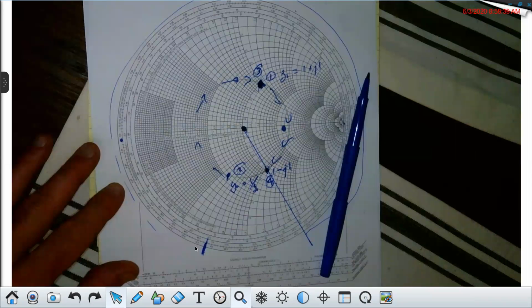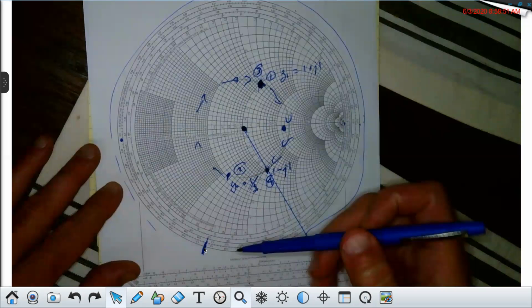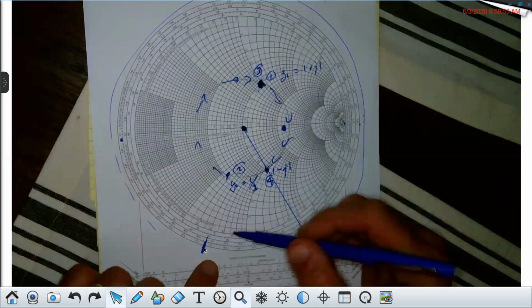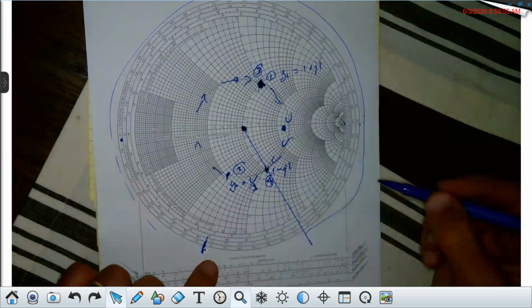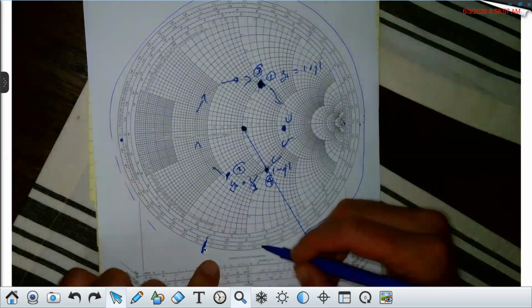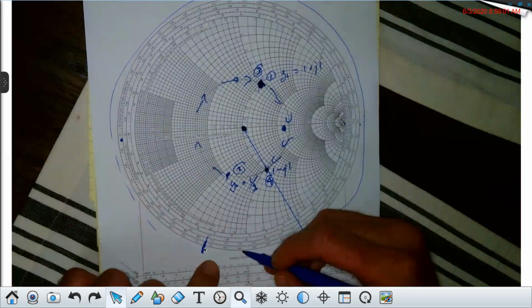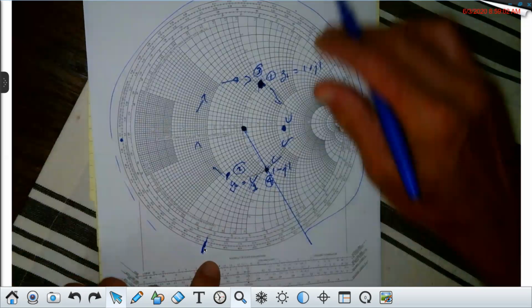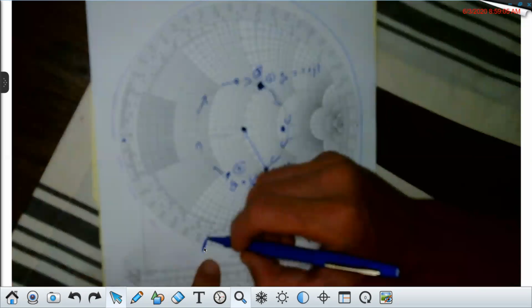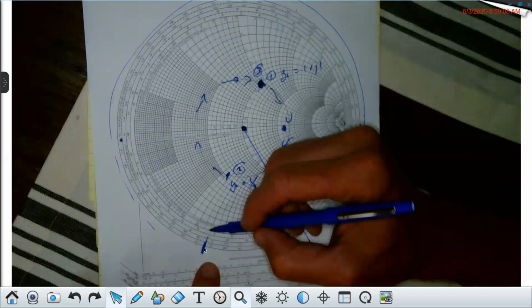All right, so I'm moving from here all the way around to right here is what I'm saying. So what do you read as this mile marker? Can anybody tell me? It's wavelengths towards generator now. What are you getting? I got 0.338. No, wait a second. 0.42, 0.41.